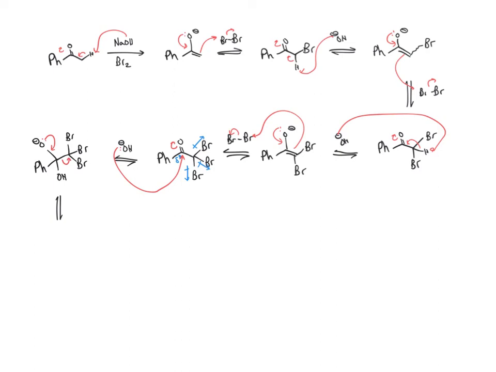Because what happens is you generate a carboxylic acid plus the carbanion that has the 3 bromines on it, tribromomethane. And because of the electron withdrawing ability of the bromines, that's going to make that carbon pretty stabilized. Right? It's a good leaving group.